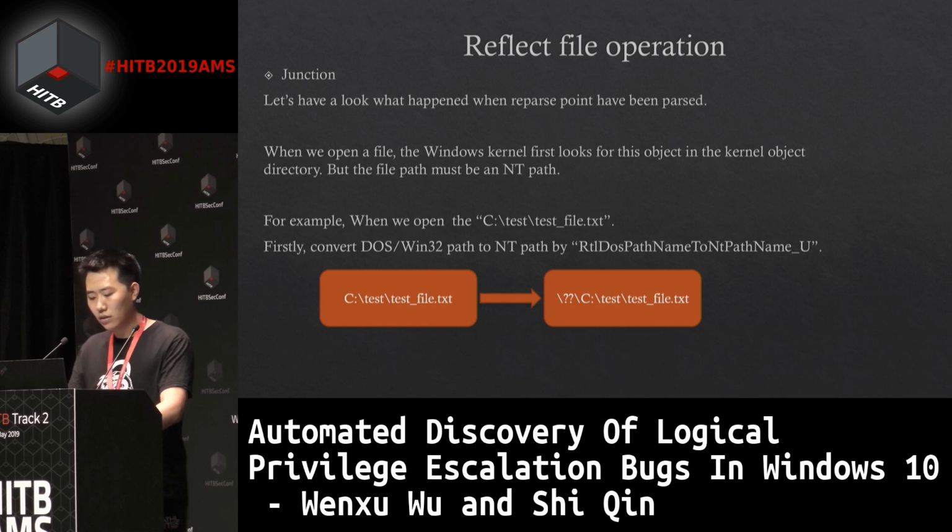For example, when we open C:\test\file, the RtlDosPathNameToNtPathName function converts the DOS path to an NT path.